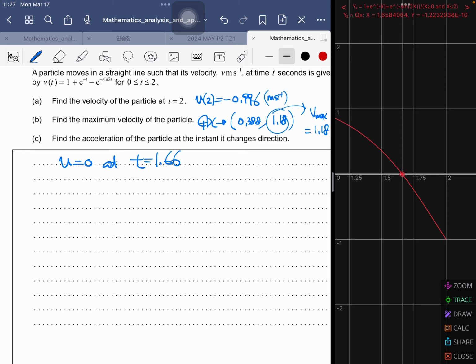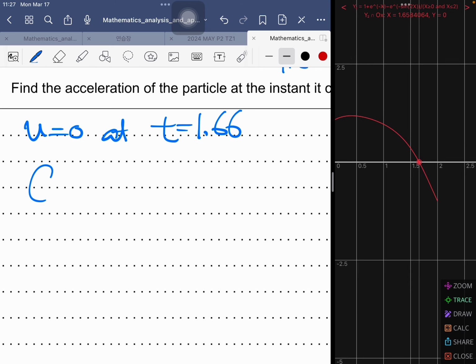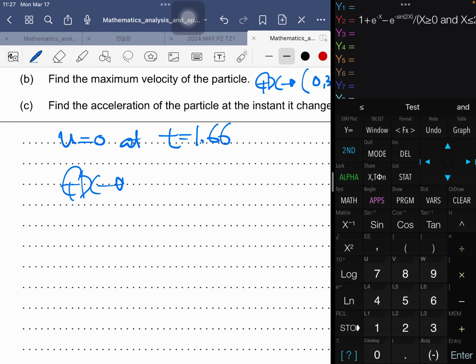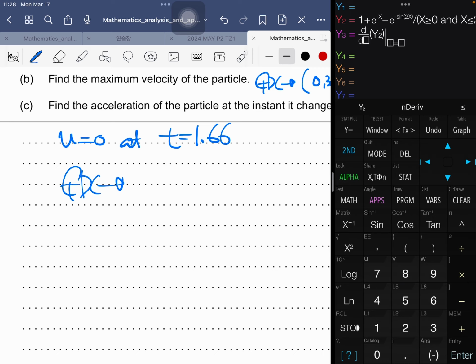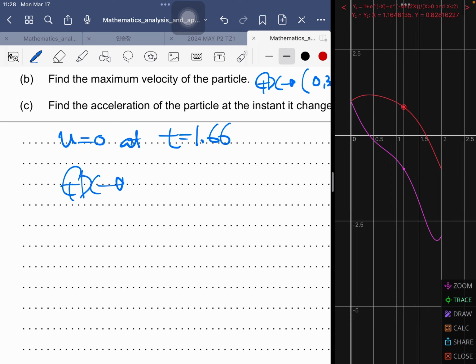Simply using the GDC, we can find the acceleration function. In y3, go to math, and take the derivative of function y2 with respect to x. So this is the derivative function. We need to find the acceleration when t equals 1.66.